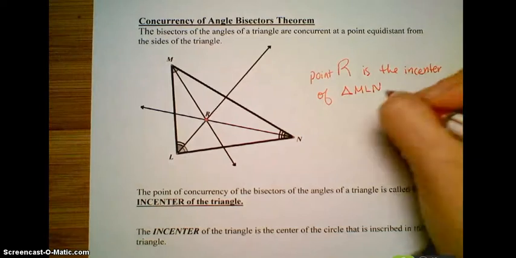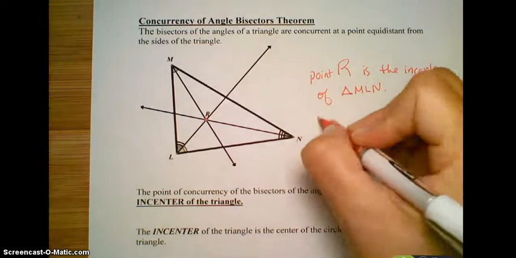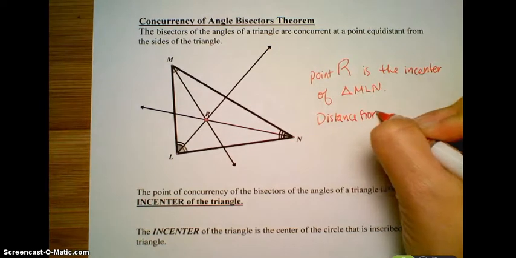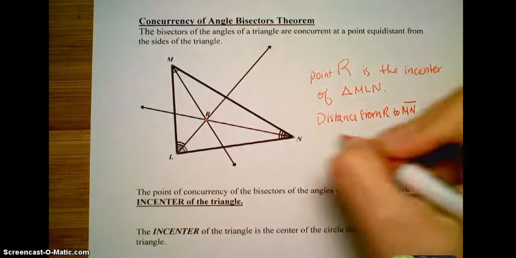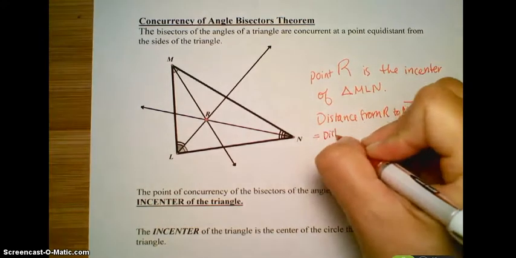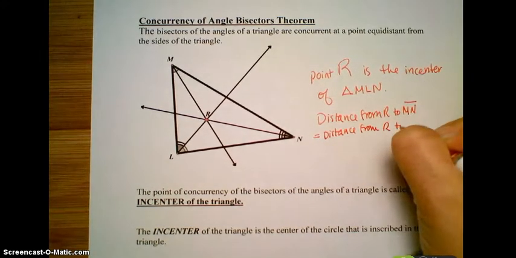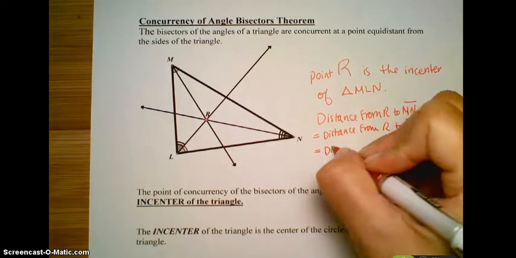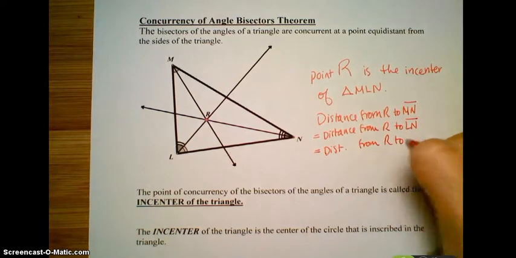Meaning that the distance from R to MN will equal the distance from R to LN will equal the distance from R to LM.